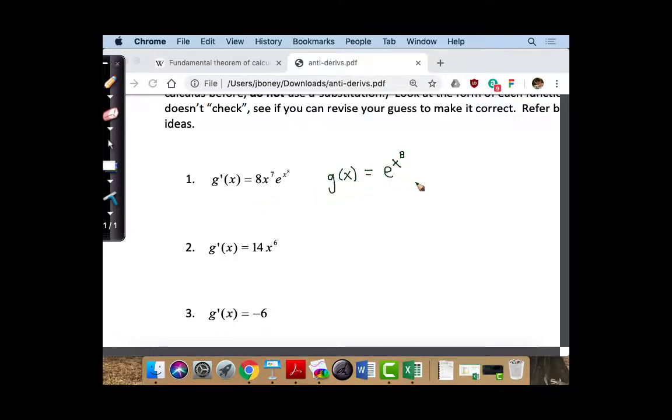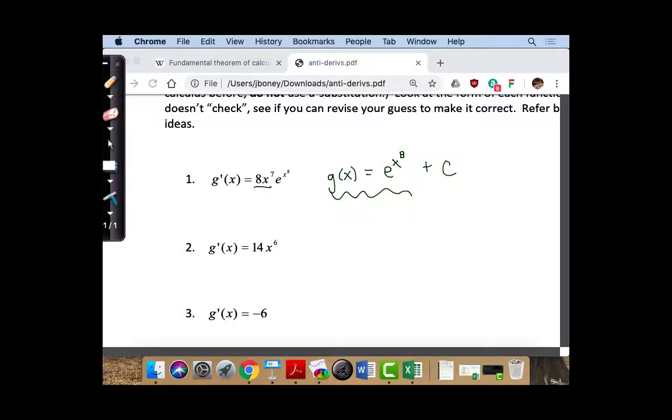Because if I took the derivative of this, it'd be e to the x to the eighth times the derivative of x to the eighth, which is that. So if g prime is this expression here, then g could be anything of this form. It could have a constant on the end, or at the beginning, or anywhere else. It could have a constant term, but the only term that has an x in it would have to be e to the x to the eighth in order for its derivative to look like that g prime of x there.